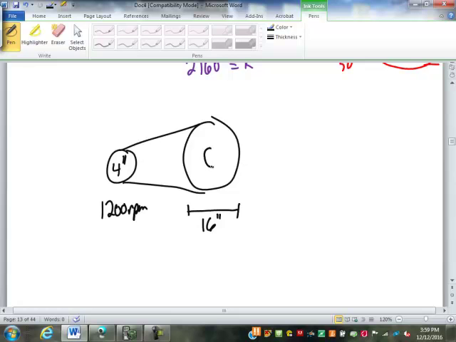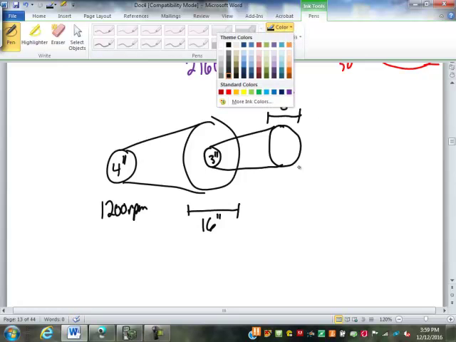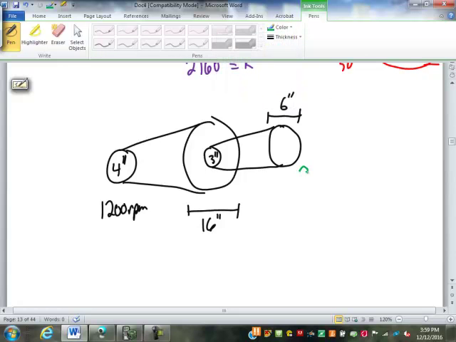Attached to the side of that 16-inch pulley is a 3-inch pulley that is going to a 6-inch pulley. I want to know, what's the RPM of that 6-inch pulley?